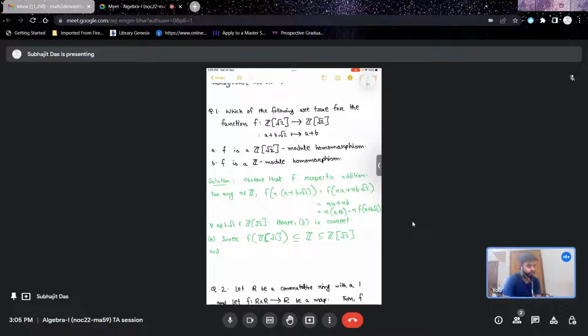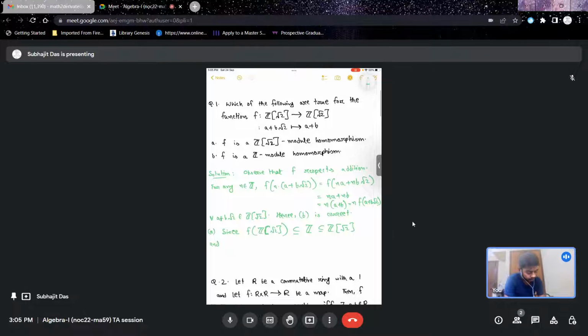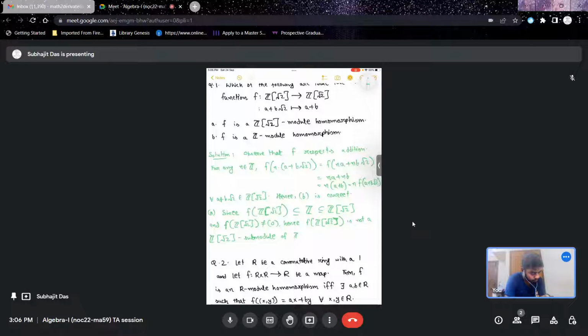And the image f of Z root 2 is non-zero. Hence the image of f is not a Z root 2 submodule of Z root 2.